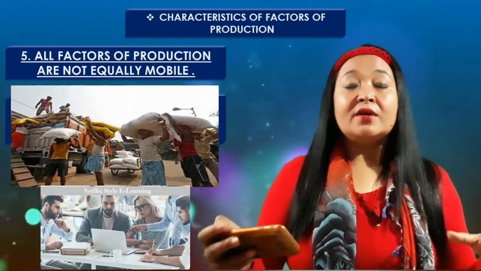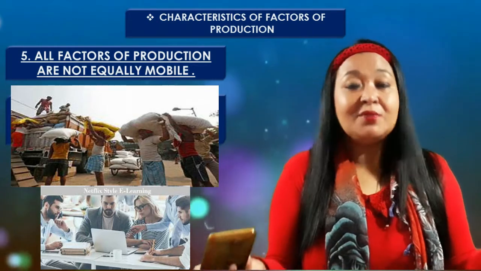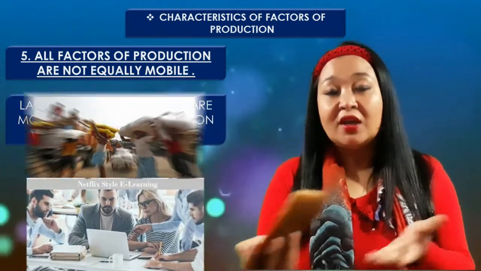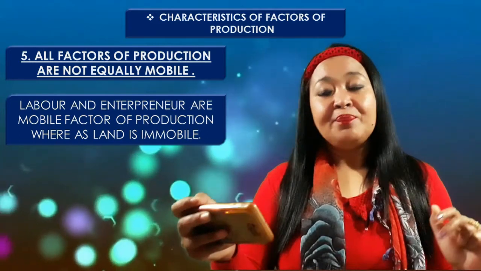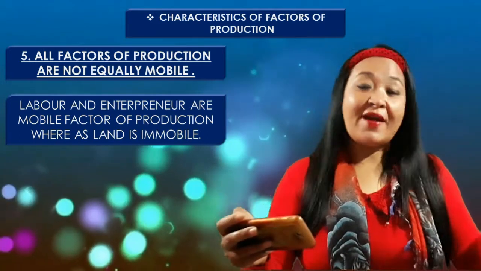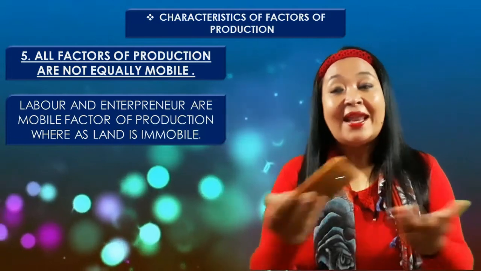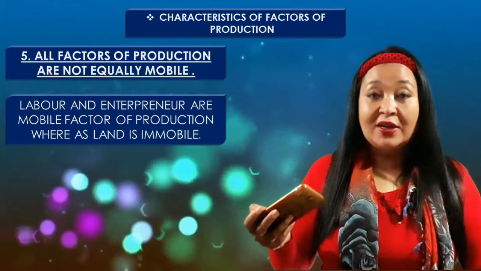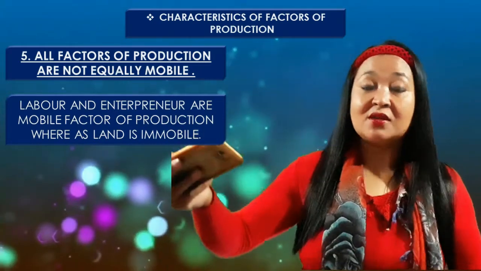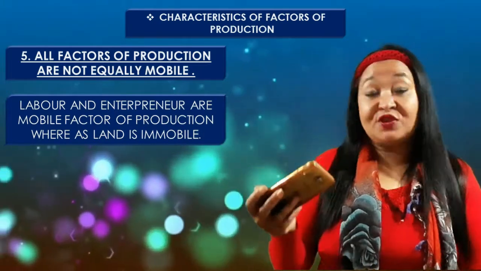Usually entrepreneurs are the business people, the businessman, or here it is the organizer. So labor and entrepreneur are mobile factors of production, whereas land is immobile, in the sense that labor can move from one place to another depending upon the better opportunities that they get.